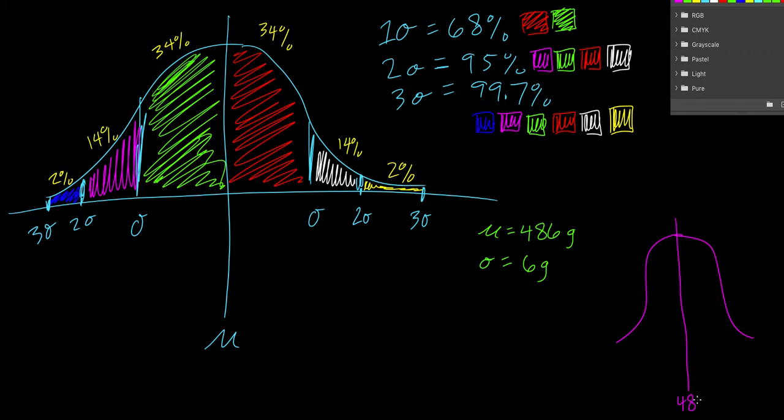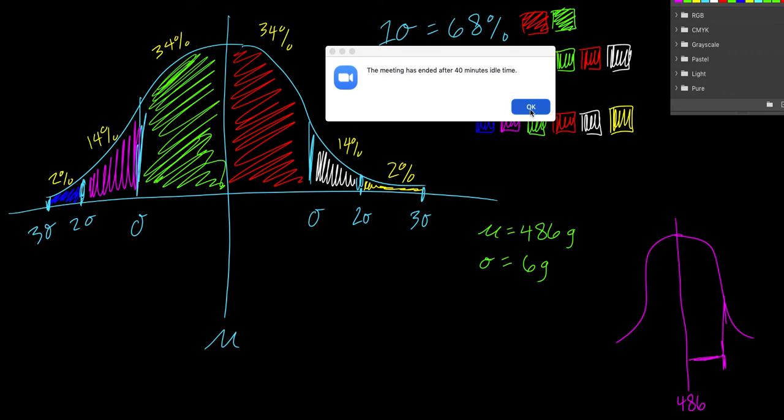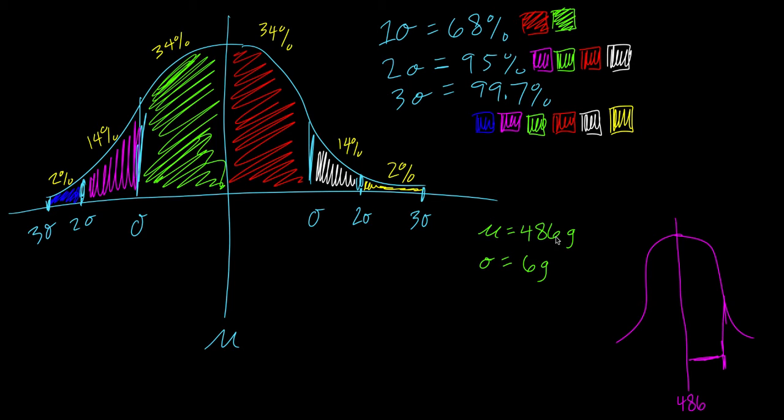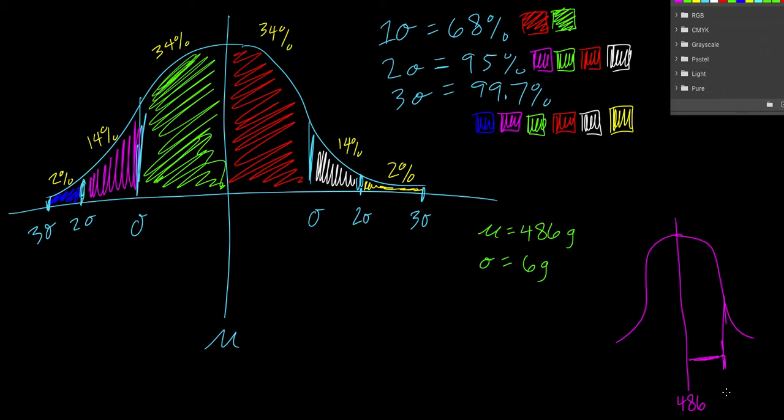This is 486. And then if we go 1 standard deviation out, we're going to add 6 to that. And so if we add 6 to that, we get 492. And if we subtract it, we get 480. Okay, so we know that that's going to represent 68% of our data.